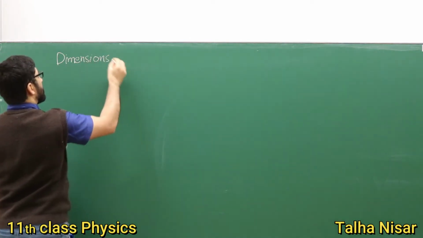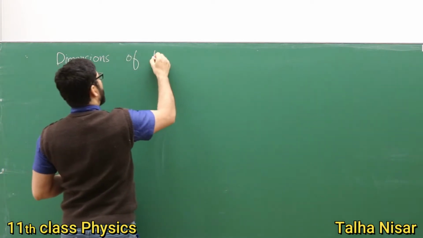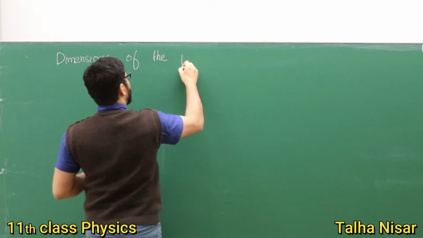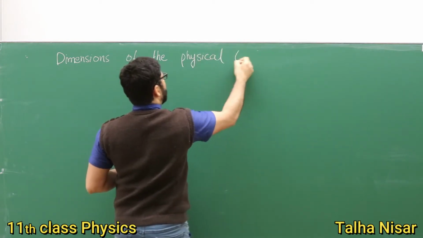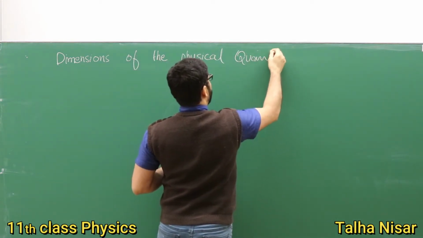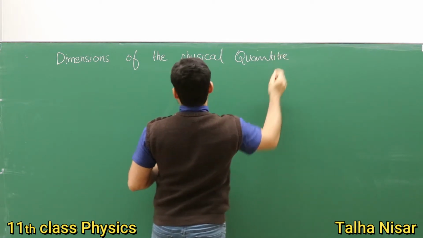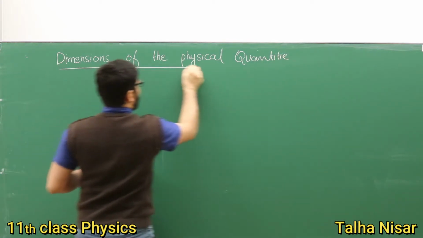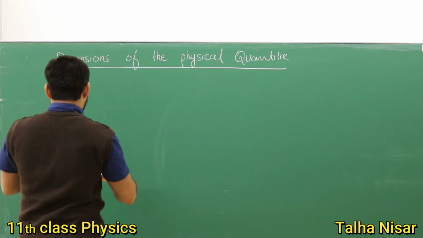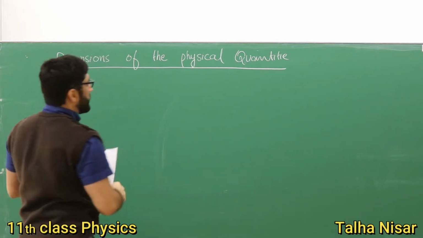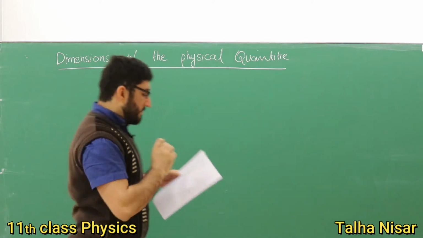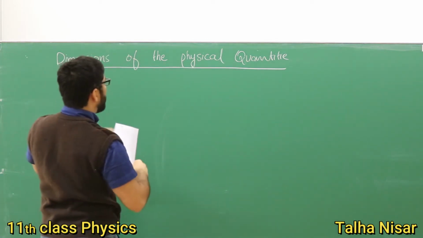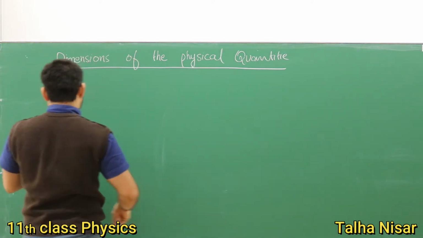Dimensions of the physical quantities. So each base quantity is denoted by a bracket, by its symbol, which is enclosed in a bracket.